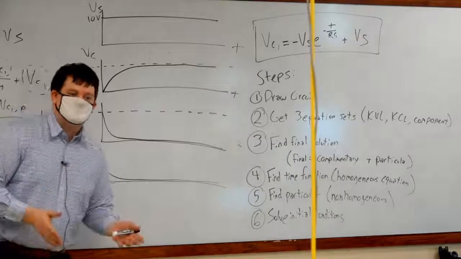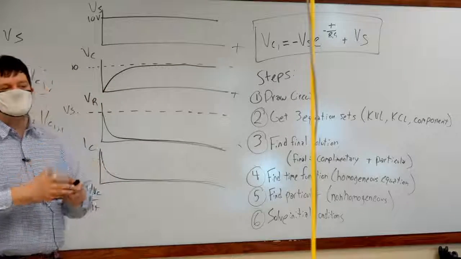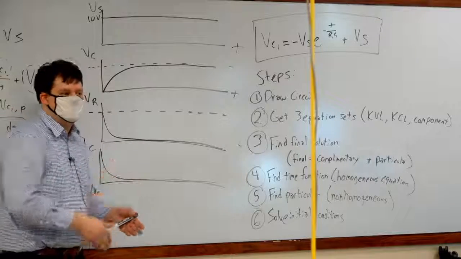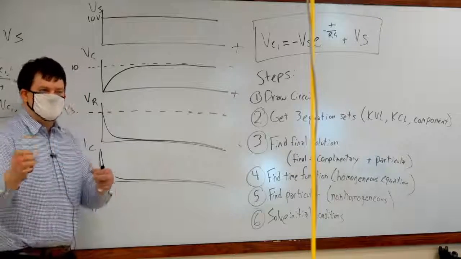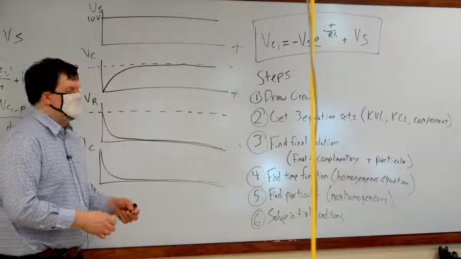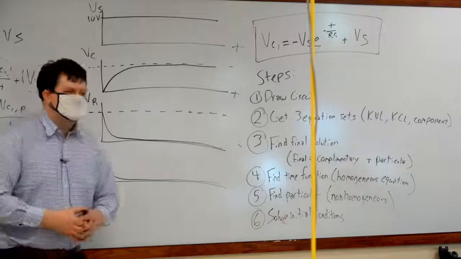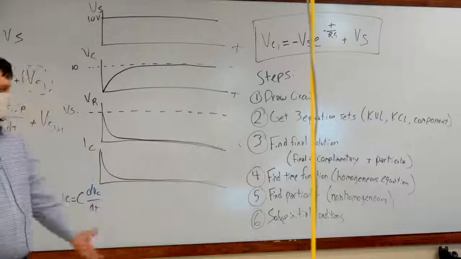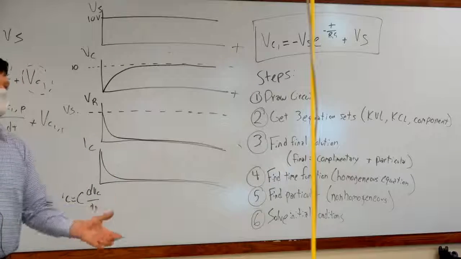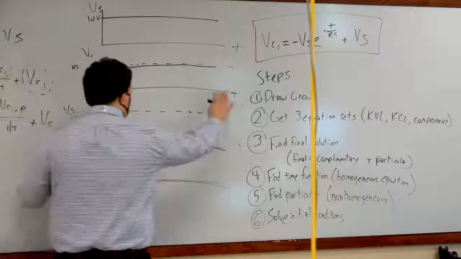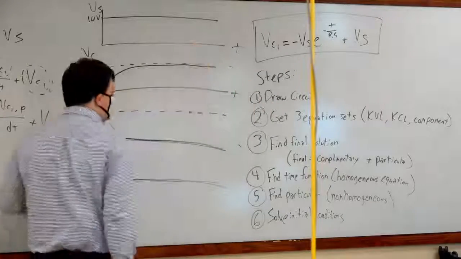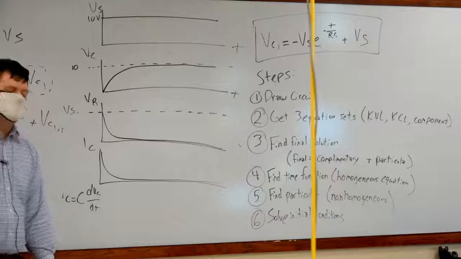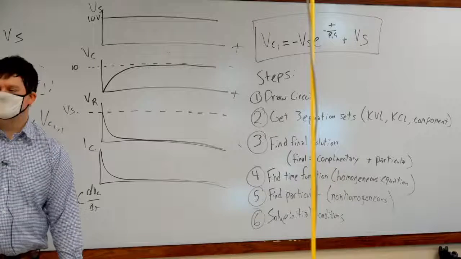Similarly, having a higher resistance means you have less current flowing through the system. Resistance decreases current. So if you limit the amount of current that's going into the capacitor, it's going to take longer for the capacitor to charge. Increasing both the resistance and the capacitance will stretch this out to the right, and we'll just simply make it take longer. Okay? That's going to be one of your quiz questions for next week.